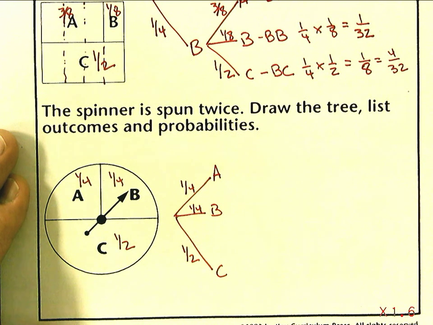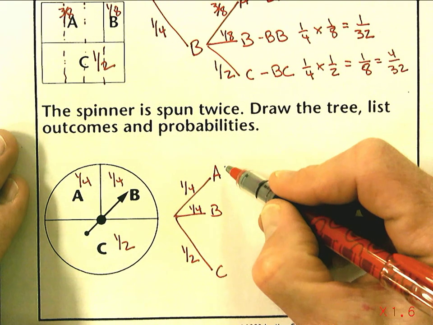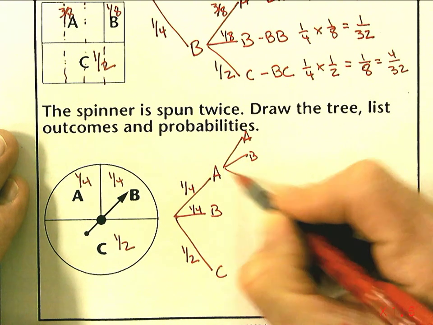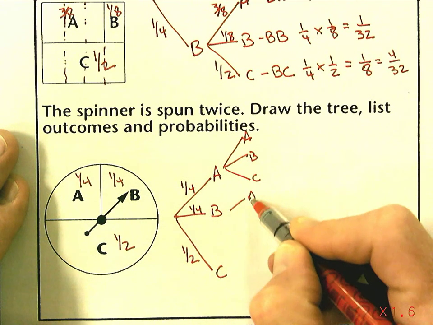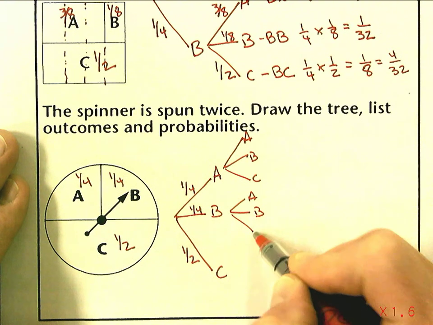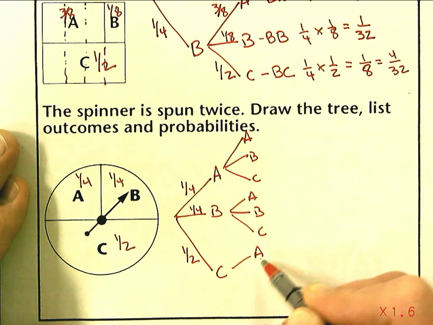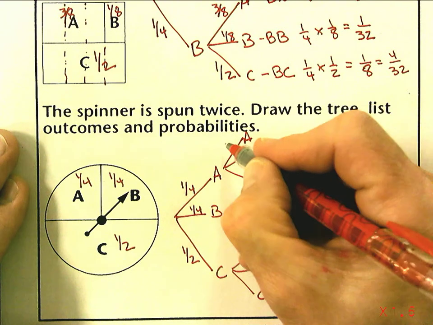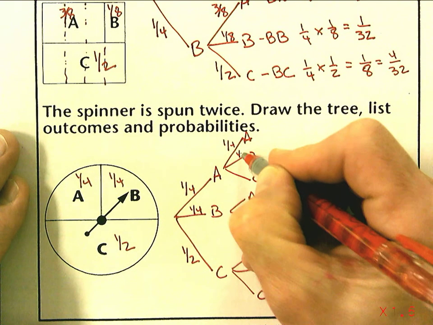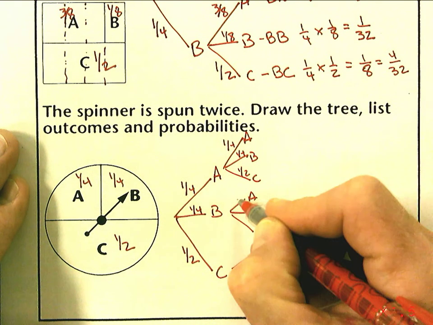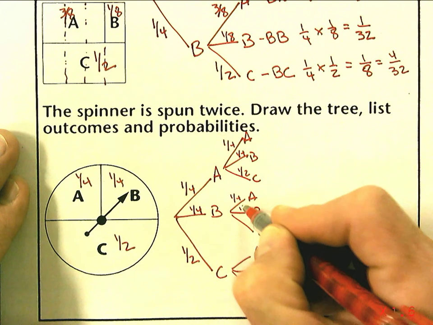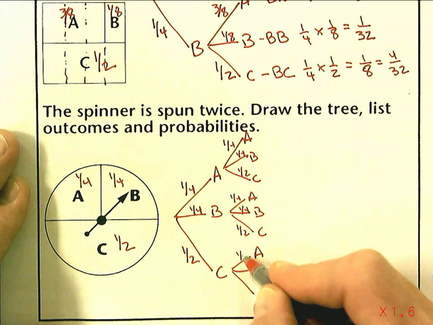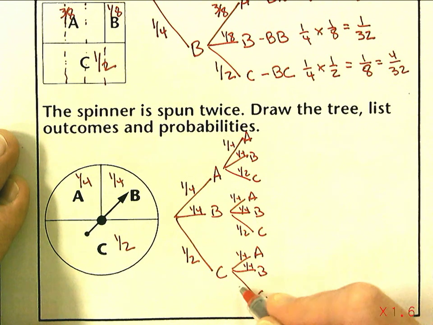And then on the second spin, same chances, same options, A, B, C, A, B, C, A, B, and C. And again, the probability is 1/4, 1/4, 1/2, 1/4, 1/4, 1/2, 1/4, 1/4, and 1/2.